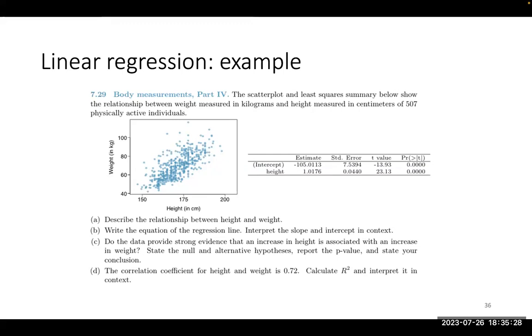You take the estimate, the minus 105, and you take 180 multiplied by 1.0176, and you add these two together, and that gives you the estimate of the weight. That's how simple it is in simple linear regression.